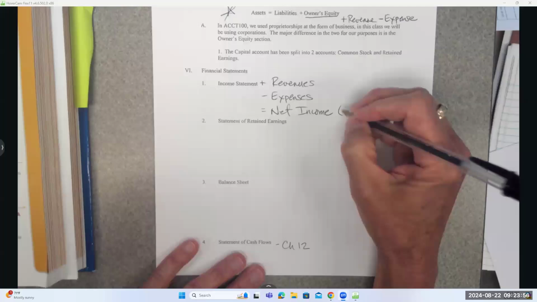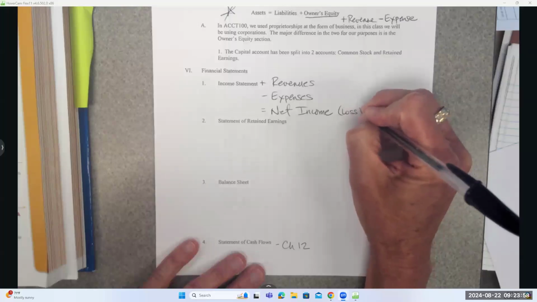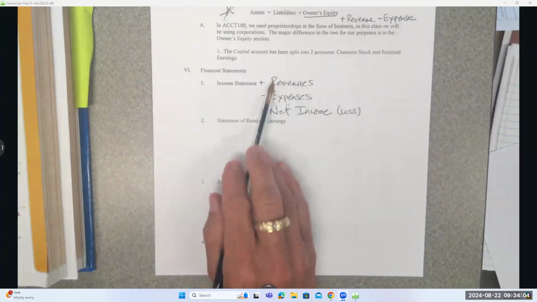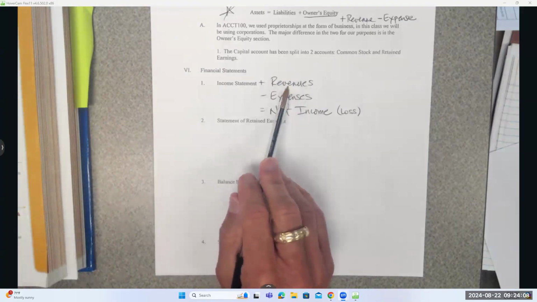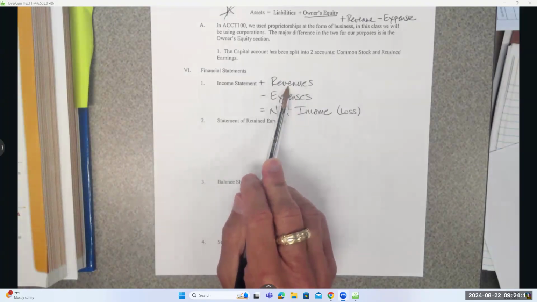If we use more than we earn, it is net loss. Everything that we earned, subtract out the amounts that we had to pay in order to earn that, because there are always expenses, always costs associated with earning our revenue.